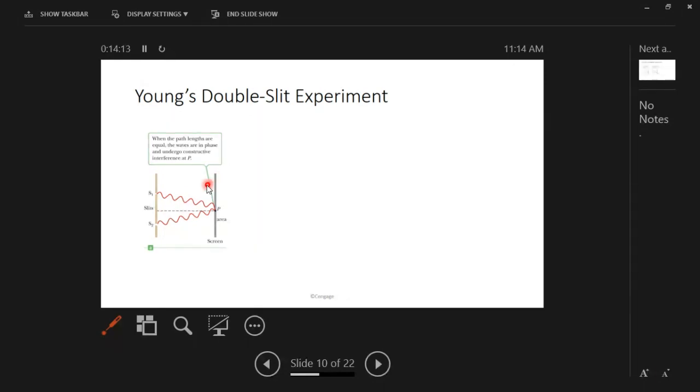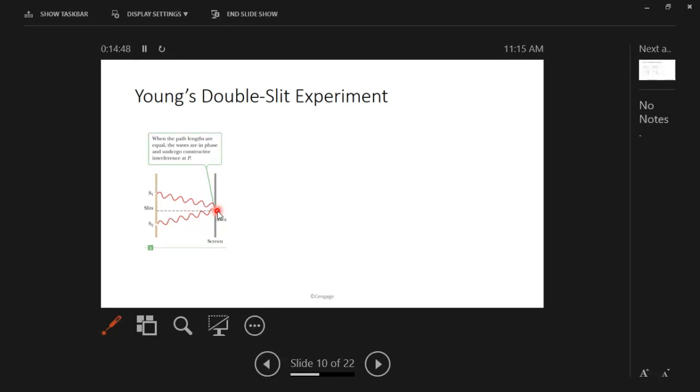Before that, again, let's see what's happening here. I have two slits, S1 and S2. They generate light rays in all possible directions. These two light rays reach different points on this screen. If you look at P, P is a point exactly halfway between these two. In other words, the distance that the first light ray travels to get to this point is equal to the distance that the second light ray travels to get to this point. That means for this point, the path difference is 0.